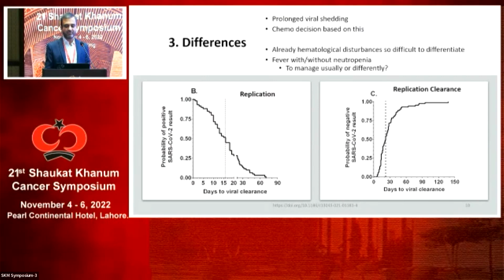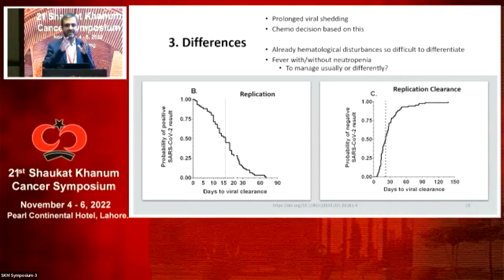So what are the differences of COVID-19 in children with cancer? All of you must have experienced that they had very long periods of viral shedding, and this one study basically studied the difference. Graph B shows the time from first positive test to last positive test, and the median time was around 15 days.